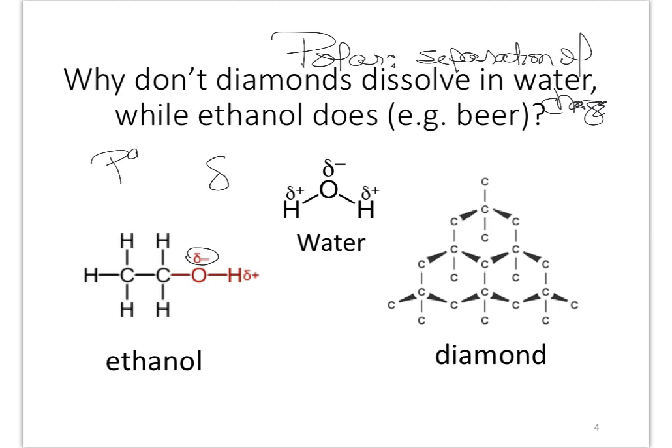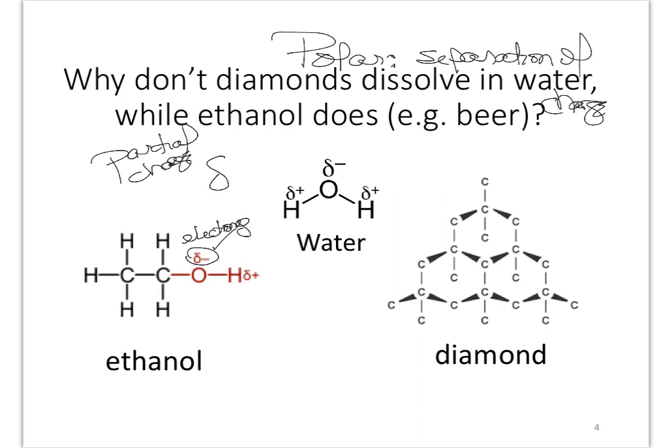That means partial charge. It turns out that electronegative atoms, those are the atoms that are located to the right of the periodic table, especially to the upper right, will have a partial negative charge.